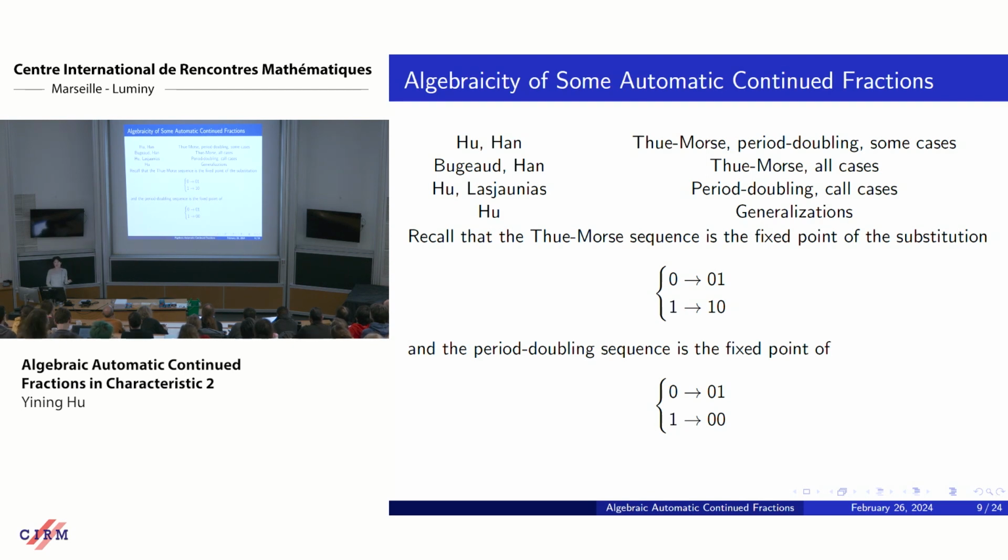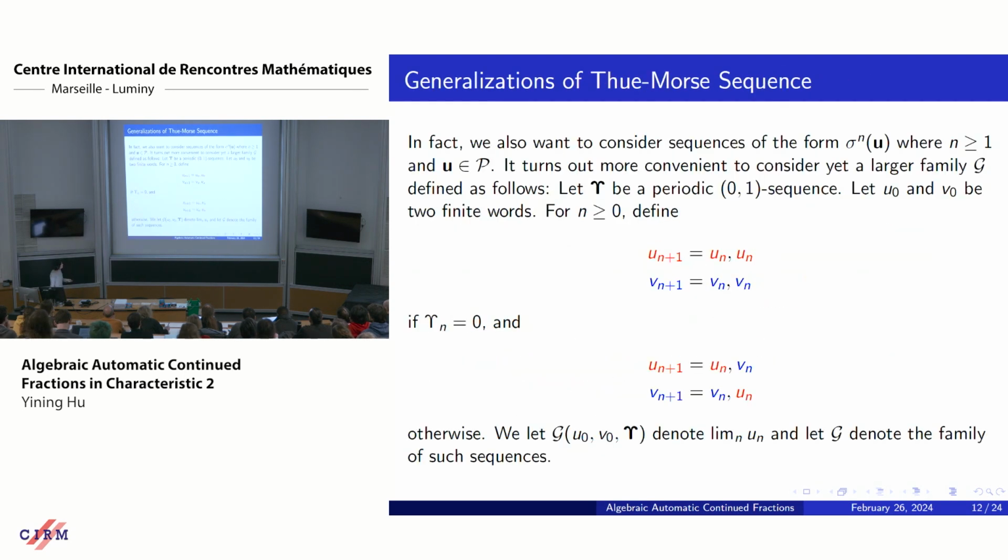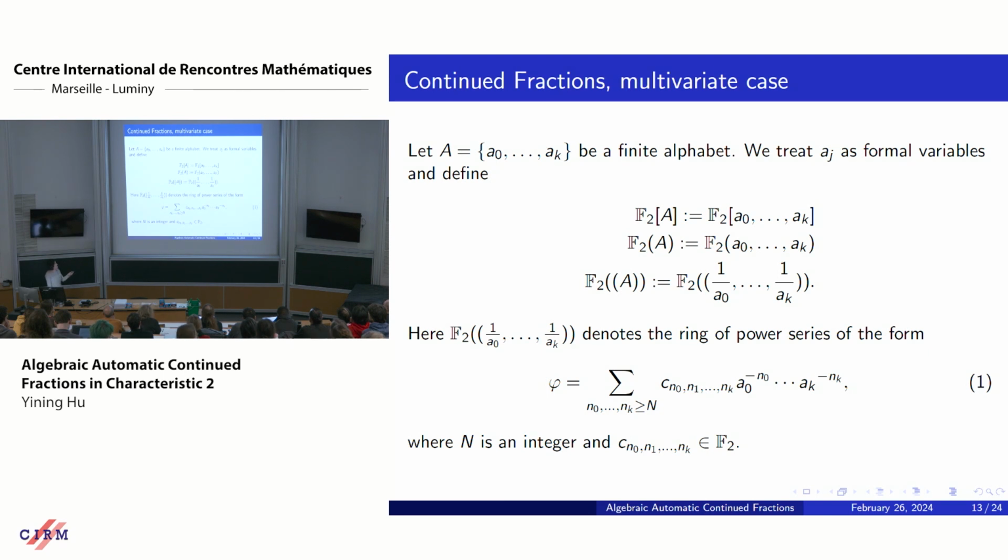So there is a question of the choice of polynomials. But then I realized that why bother mapping the terms to polynomials? We could just regard the terms as formal variables. So then later we adopted this notation instead.